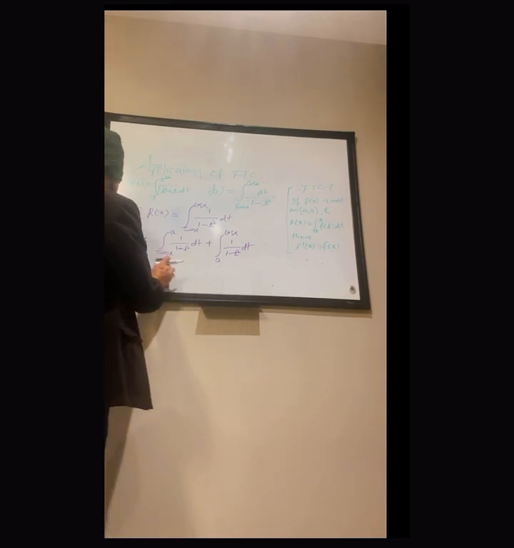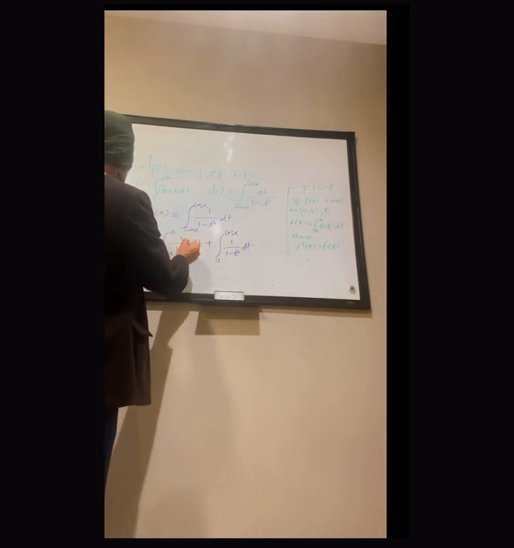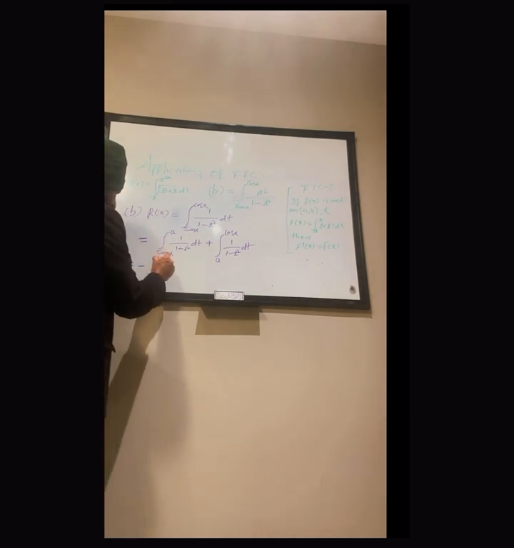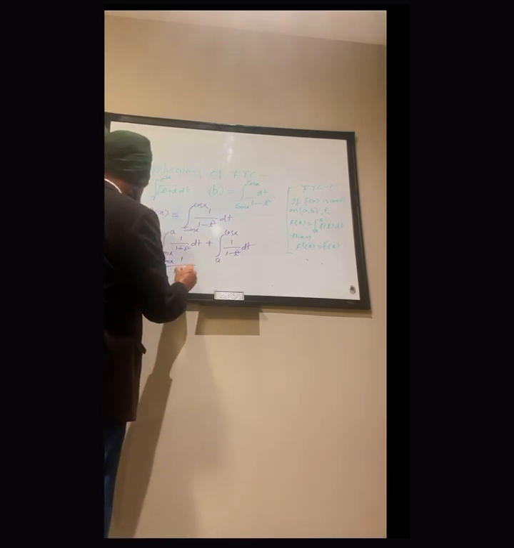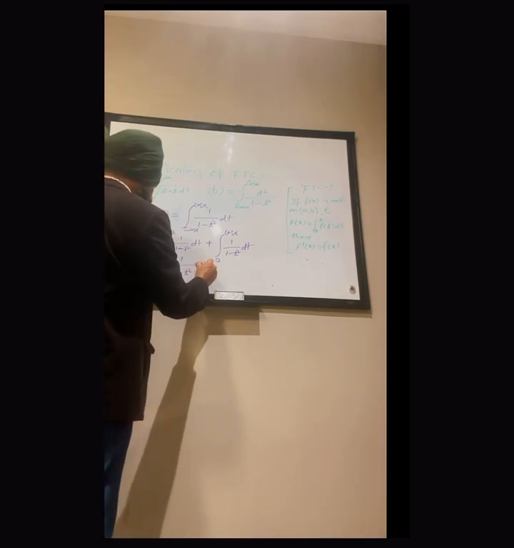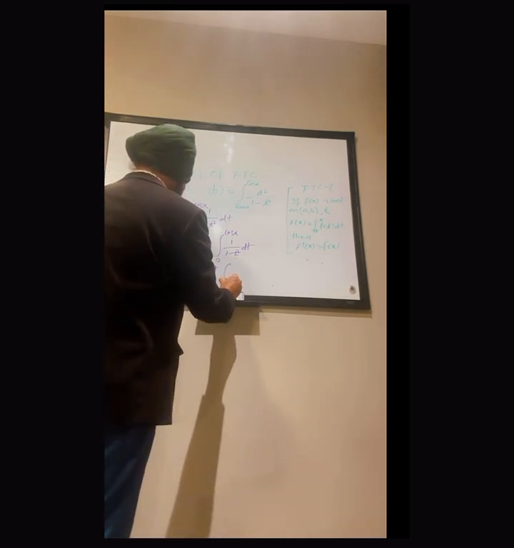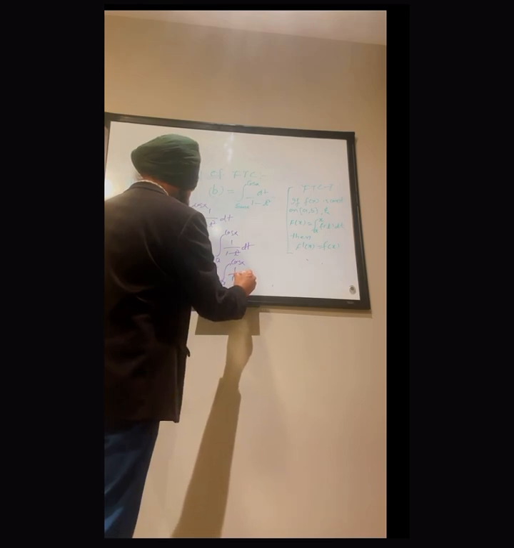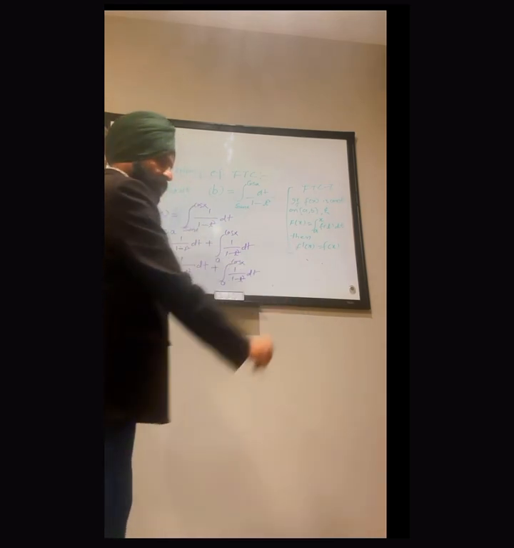Next, we change the limits. This will be equal to negative integral from a to sin x of 1 upon 1 minus t squared dt plus the integral from a to cos x of 1 upon 1 minus t squared dt.